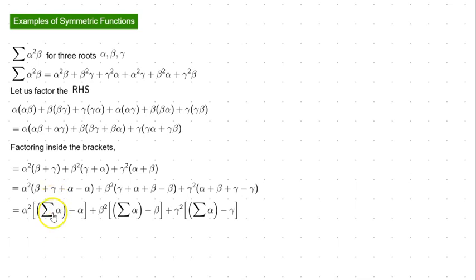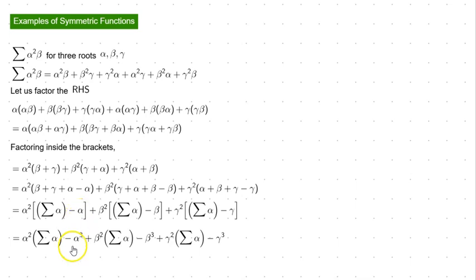Basically, writing the same thing in sigma notation: alpha square times sigma alpha minus alpha, plus beta square times, again, sigma alpha minus beta, plus gamma square times sigma alpha minus gamma. Let's open up the square brackets. Alpha square times sigma alpha minus alpha cube.